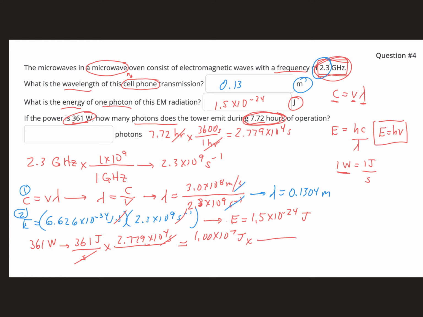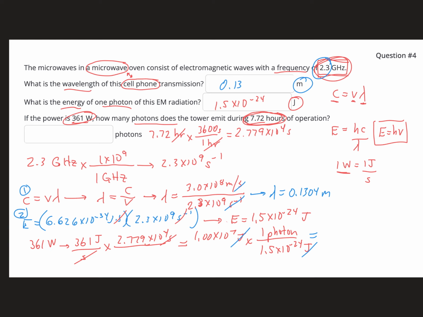I know that in 1 photon, we're going to have 1.5 times 10 to the minus 24 joules. Because our final answer is the total number of photons released, we want joules to cancel out. So joules cancel out when we divide this by 1.5 times 10 to the minus 24 joules.